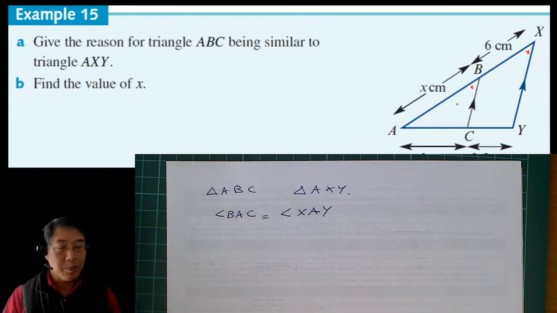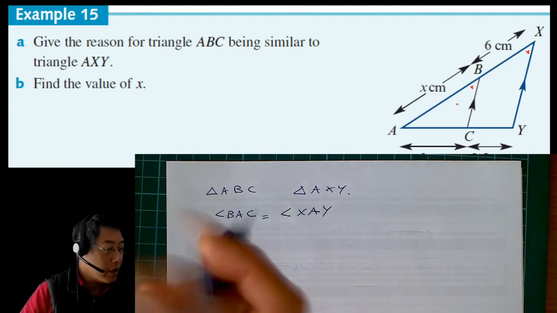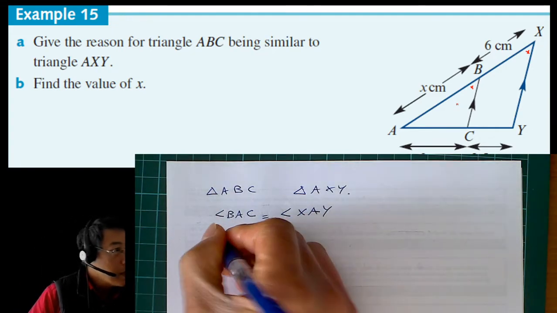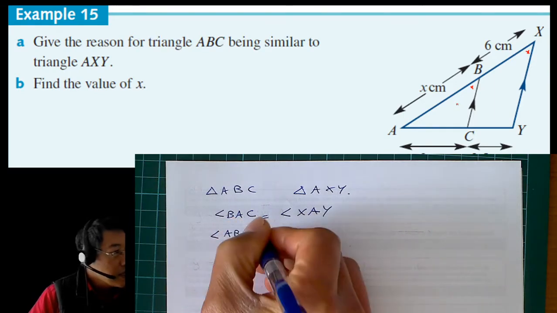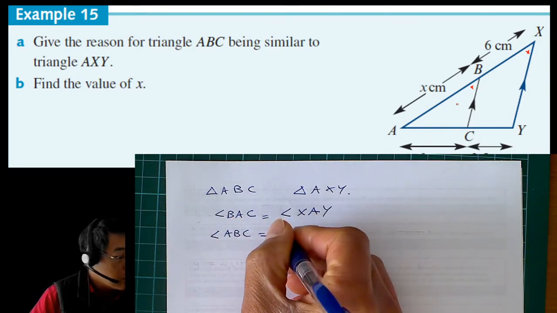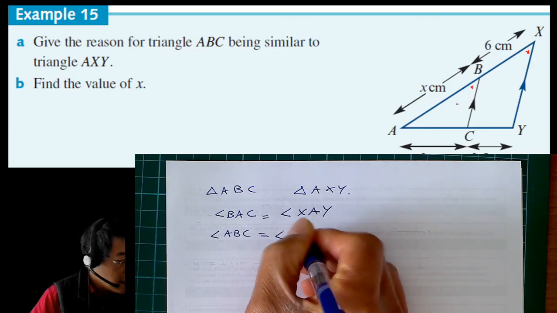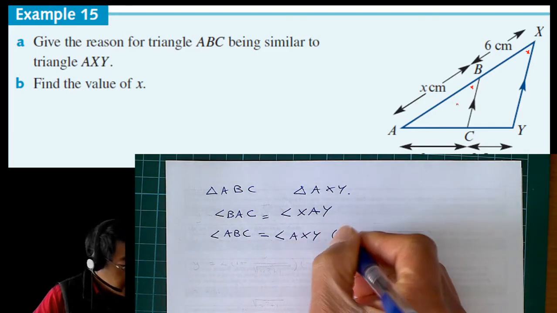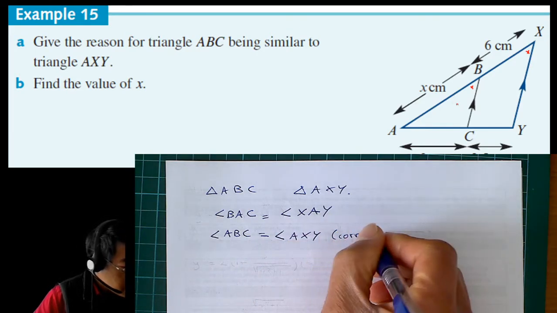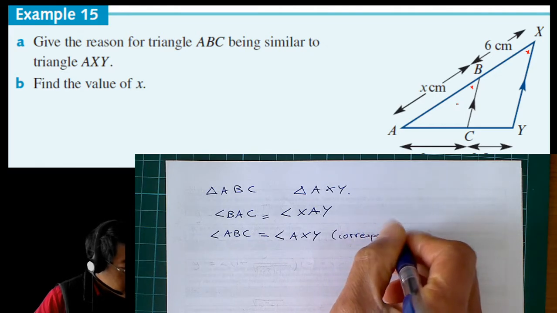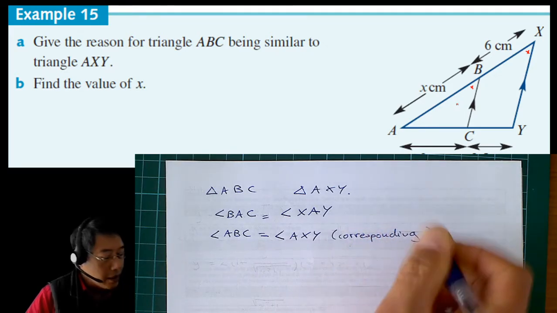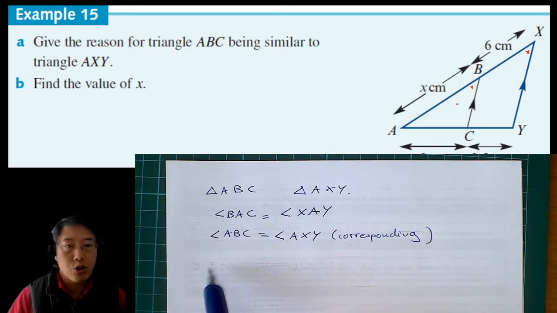Being corresponding, you need to specify that in your working out. So I'm going to write angle ABC is equal to angle AXY, in the same order, and that is because they are corresponding. Okay, so now I have two angles in the triangles.